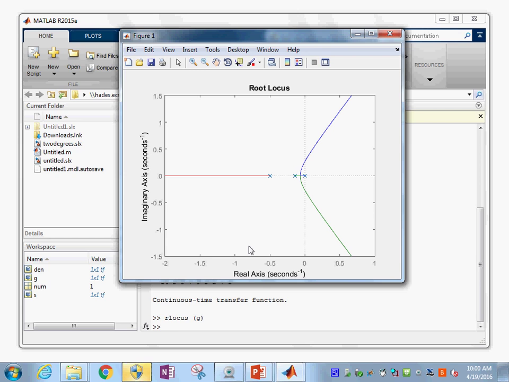Okay, so if you follow this, if k is equal to 0, they start over here. But MATLAB has done a very wonderful thing for us, because I want you to pay attention to this. See, this root follows the blue path like that. This root goes like this. The other one, this green one, goes like this.